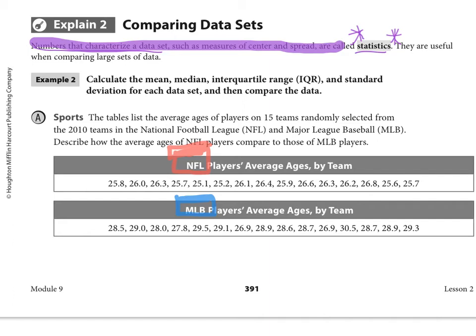Okay, and now we're going to compare sets of data from NFL players and MLB players. Take a second and plug these numbers into your calculator. Go from list 1, if you just click over, it'll go straight to list 2. And on the next page, we'll see a great example of this.